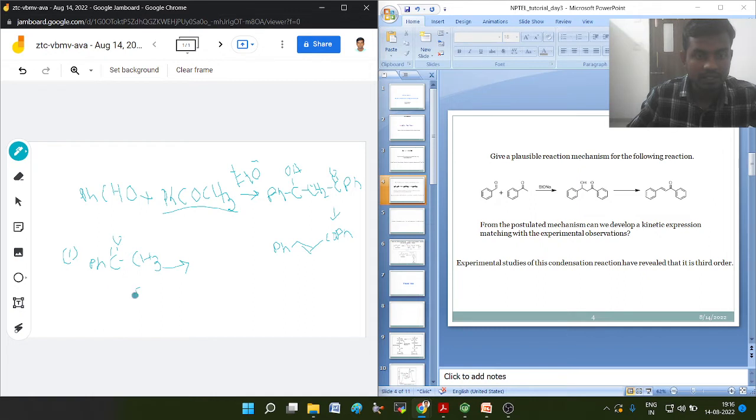That is, EtO minus will abstract one hydrogen from CH3 to form the conjugate base, CH2 minus. You can draw the corresponding canonical structure also, plus EtOH. Remember, the solvent is ethanol, so it will be in high concentration.